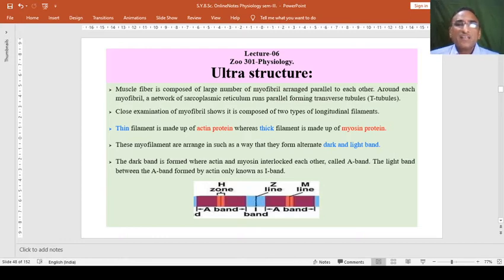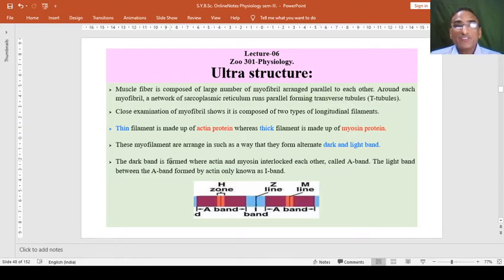The thin filament is made up of actin protein and the thick filament is made up of myosin protein. These are two different molecules which we saw in the previous lecture. So actin and myosin are the protein molecules which collectively form the muscle.